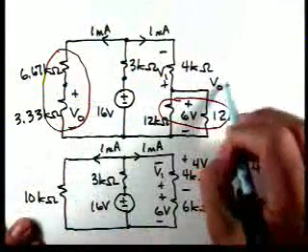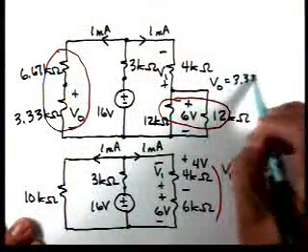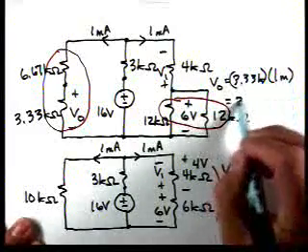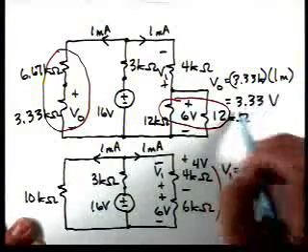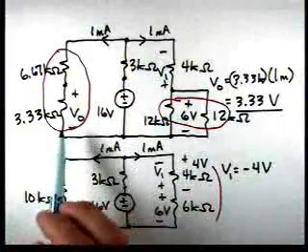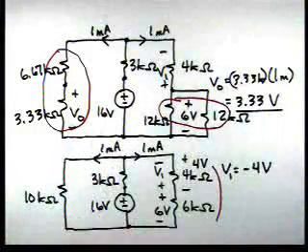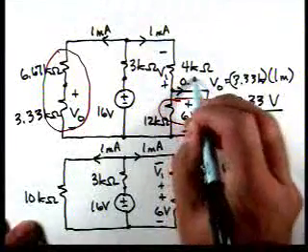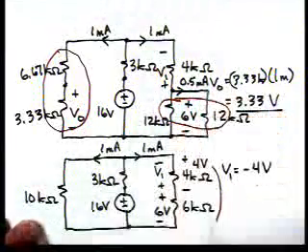So V0 is 3.33K times 1 milliamp, or V0 is 3.33 volts. So now we can calculate that from this circuit. And that also tells us that this is 0.5 milliamps in that direction.